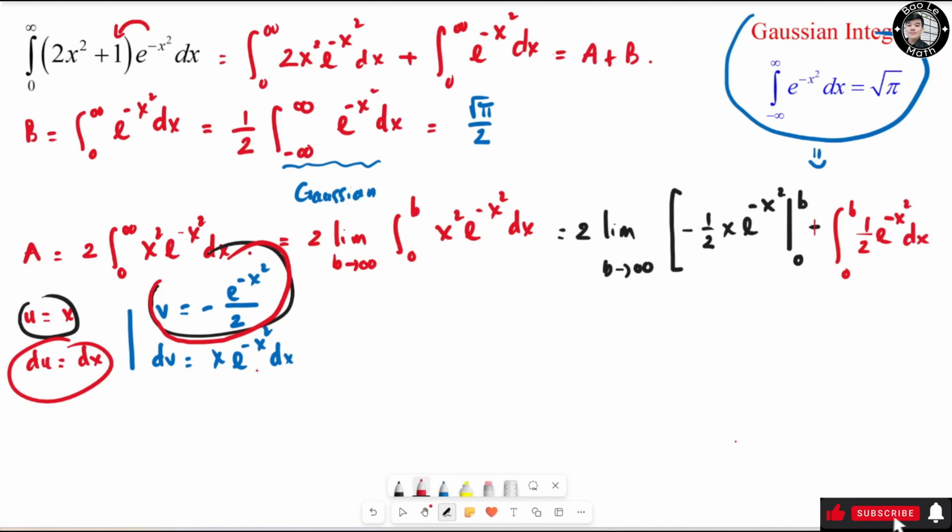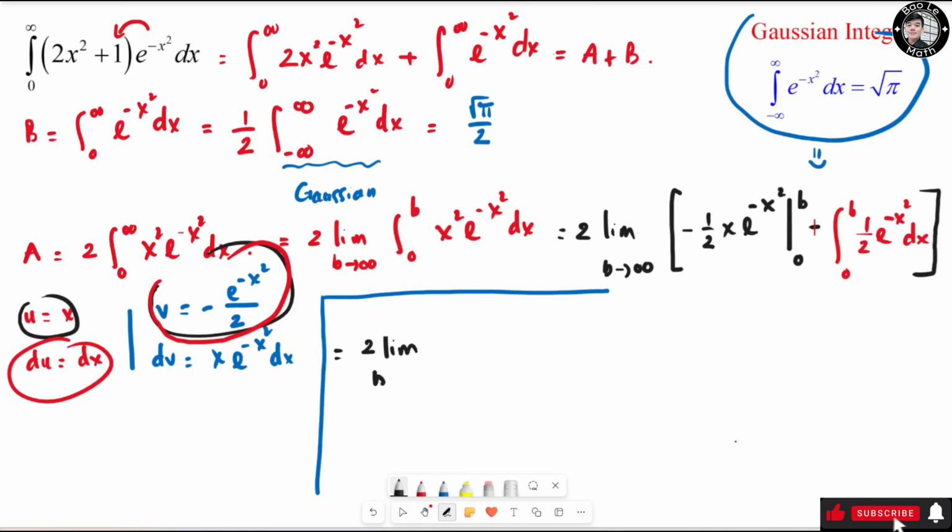It's going to be 2 times the limit as b approaches infinity. Substituting b for s gives negative 1/2 b times e to the negative b squared. Substituting 0 for s gives 0. Plus this integral right here, which is 1/2 times root pi over 2, from above.